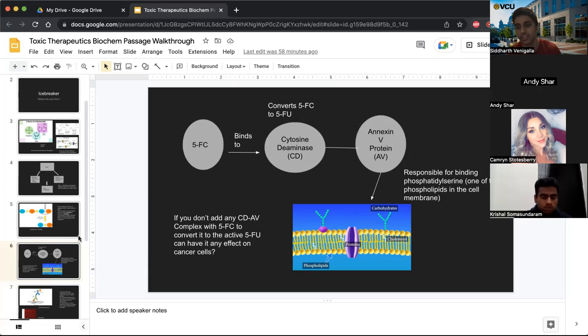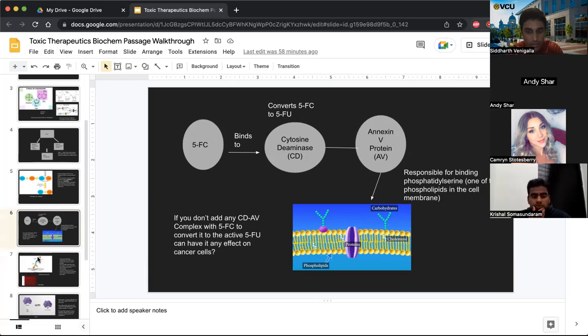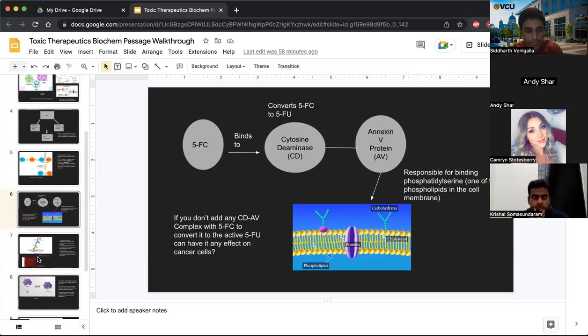I think that's just something you have to assume. Actually, how you want to think about it is that first the CD-AV complex binds to the cell membrane, then the 5-FC locates the CD-AV, and then it's converted to 5-FU. So assume the CD-AV already binds here, and then the 5-FC comes and finds it, and gets converted to 5-FU. Okay.